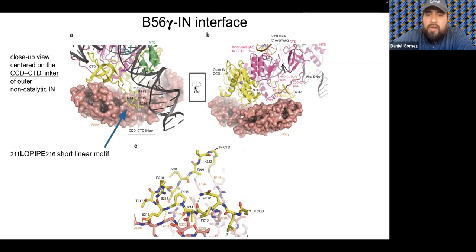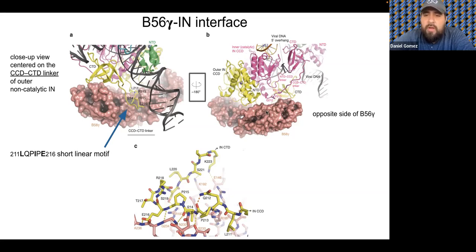And if we rotate this 180 degrees, we can see the opposite side of B56 gamma, and the NTD-CCD, CCD-CTD, viral DNA with some 5' overhang, and the inner catalytic IN-CCD, and also the outer IN-CCD.